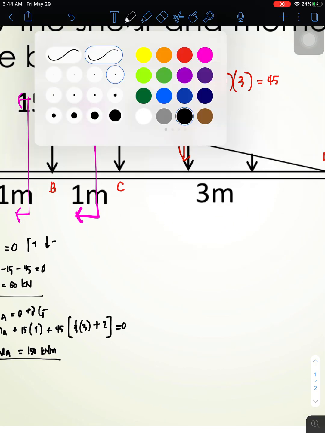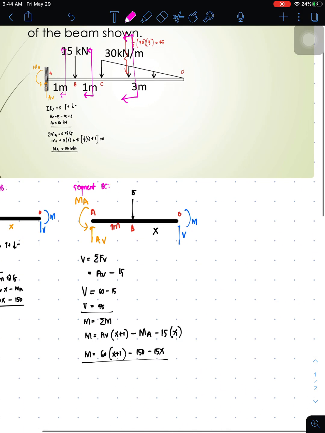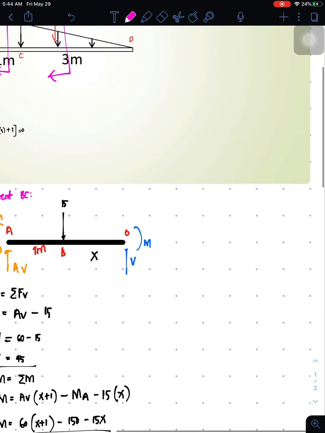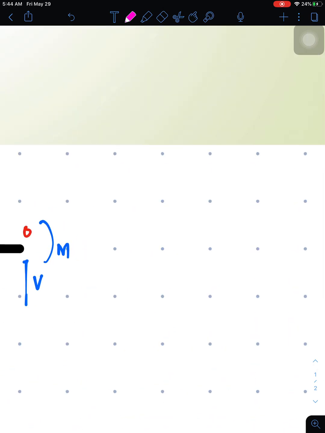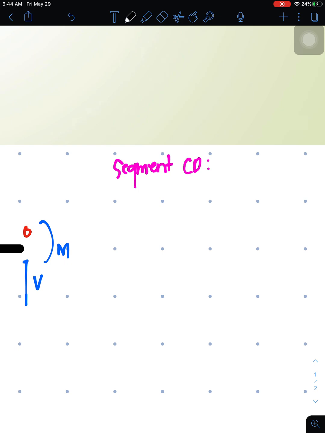This is quite challenging since it's a triangle. So we're gonna use this one, and then this is for segment CD. And then of course we're going to redraw the cutting.